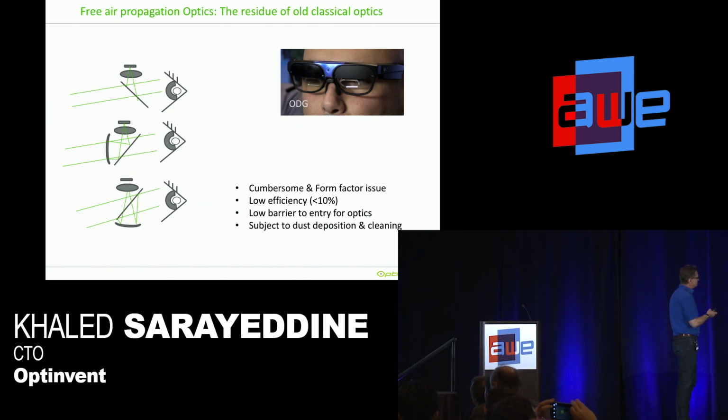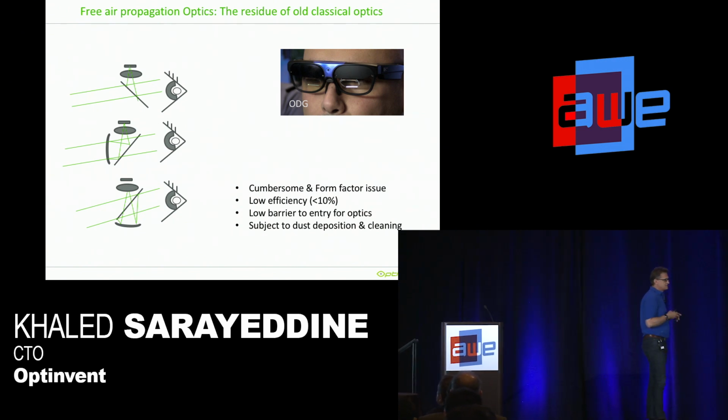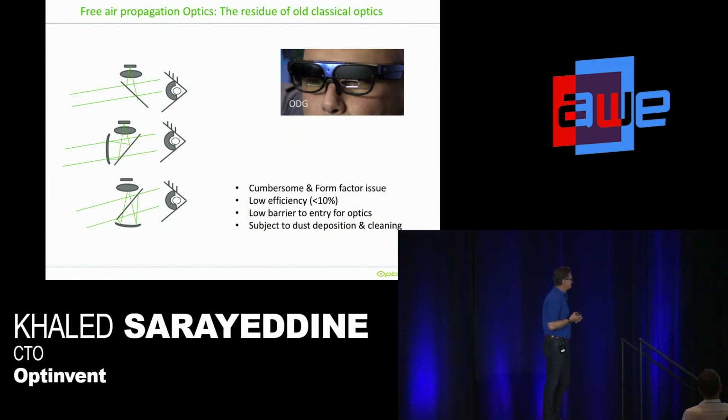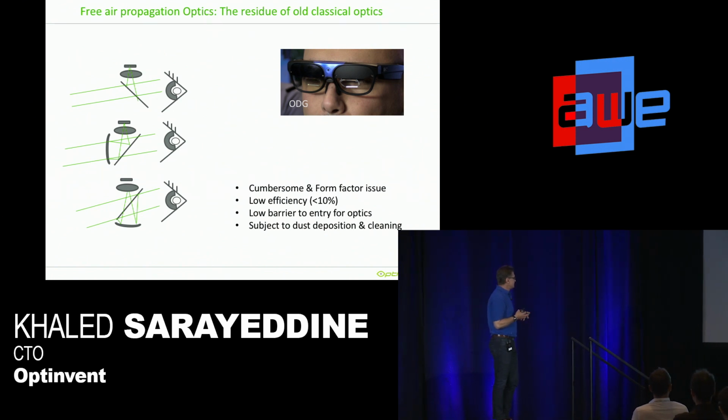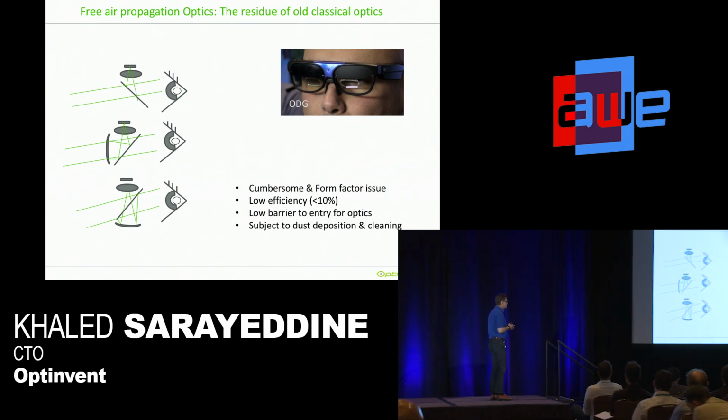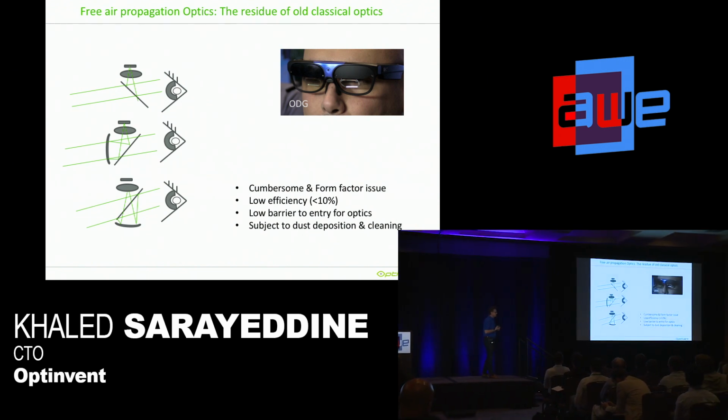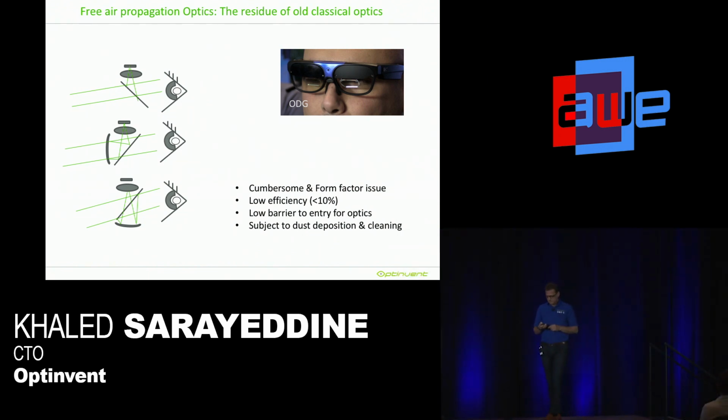These systems, for example used by ODG, are cumbersome, and there's a size issue, especially in front of the eye. They have low efficiency. Why? Because the light is crossing the optics 2 times, and they should maintain high transmission. This is why it's low efficiency. There's a low barrier to entry for optics, but the main problem is that it is subject to dust deposition and cleaning.